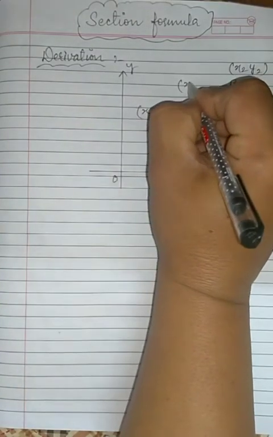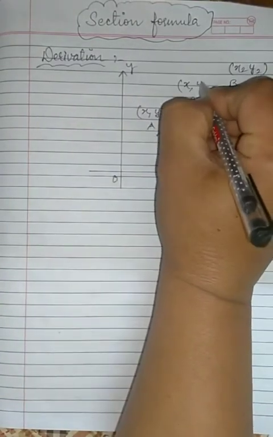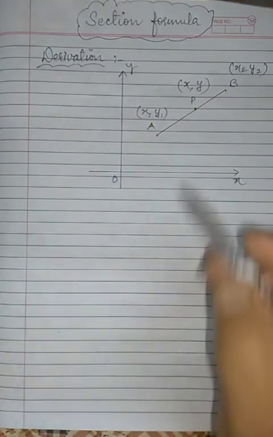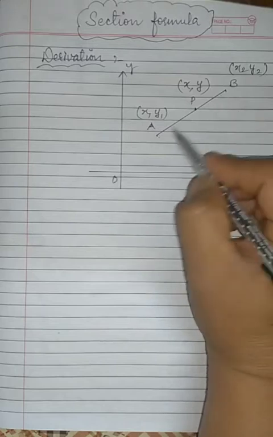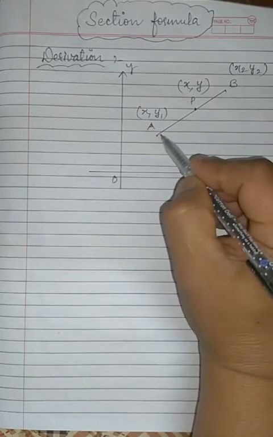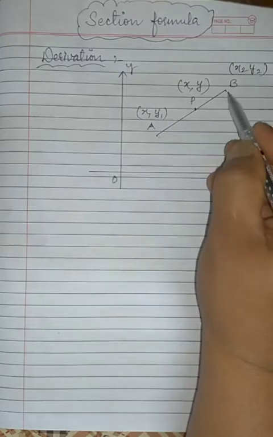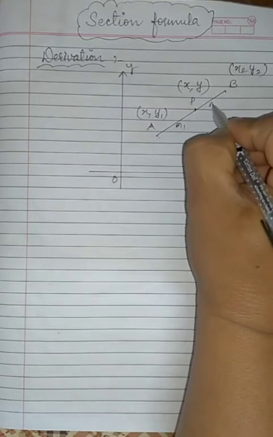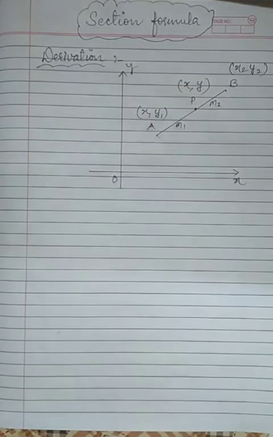Let the coordinates of point P be x, comma, y. And the ratio in which it is dividing AB into 2 parts, let this ratio be M1, M2.